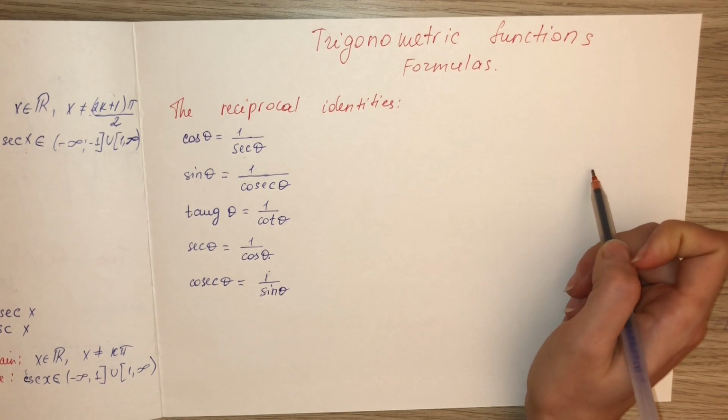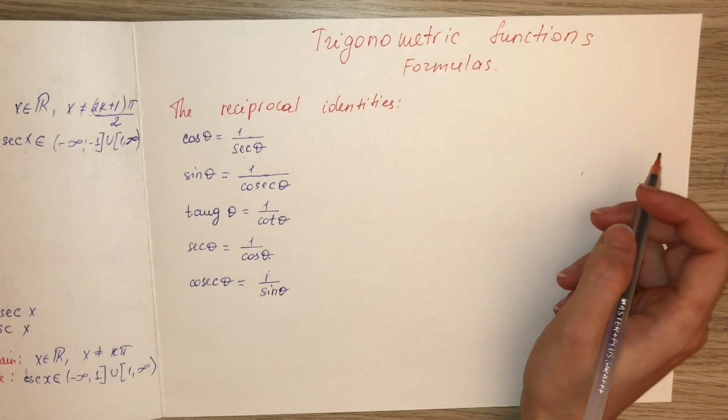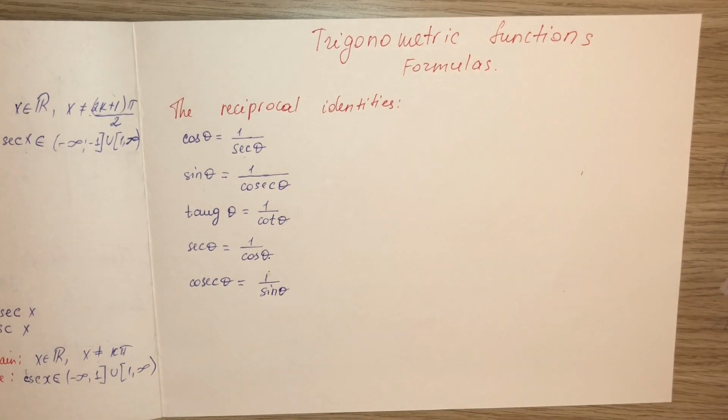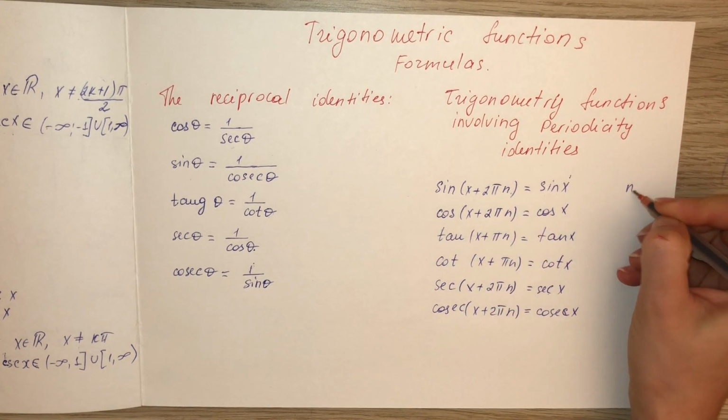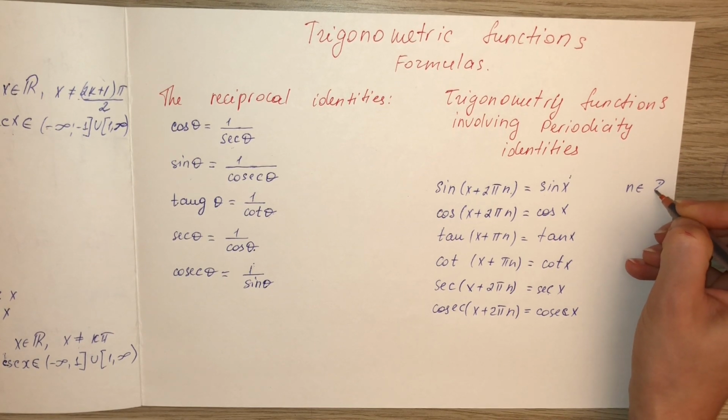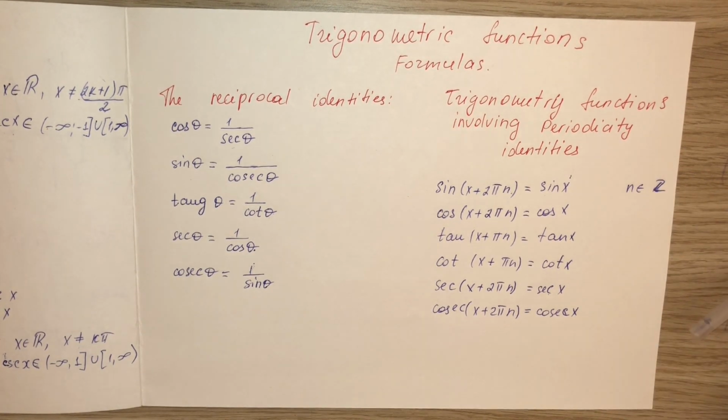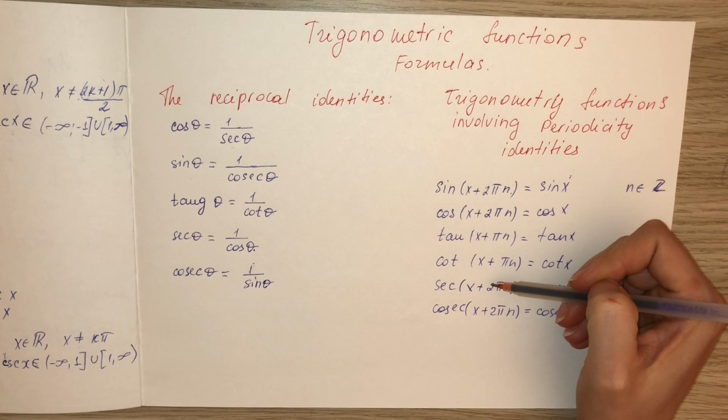So here we have some trigonometric formulas. The first is trigonometric formulas involving periodicity identities. Here n is an integer, and all trigonometric identities are cyclic in nature. They repeat themselves after a periodicity constant.